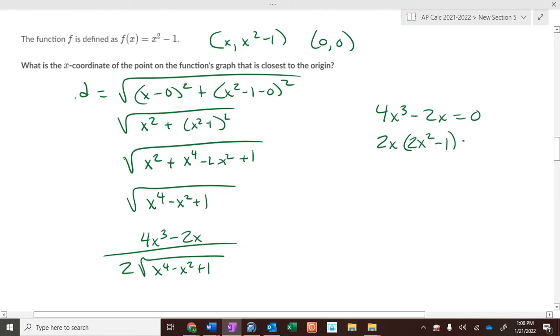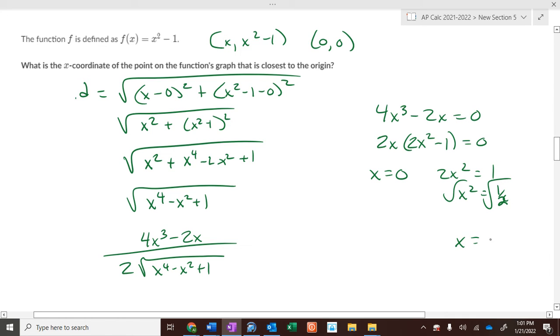2x squared minus 1. So x equals 0, or 2x squared equals 1. So x squared equals 1/2. So if we take the square root, x equals negative, well, let's not go there, Mr. Bierschbach, yet.